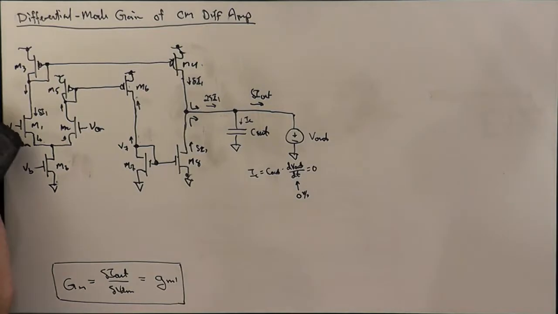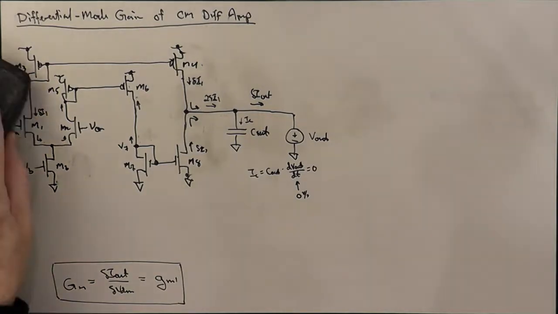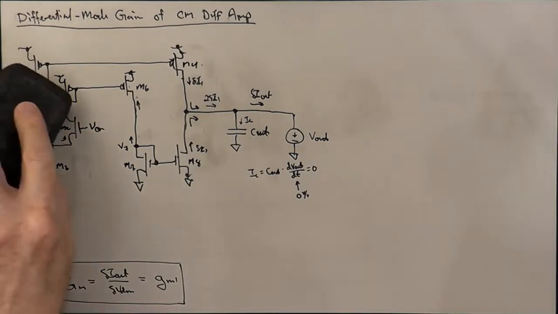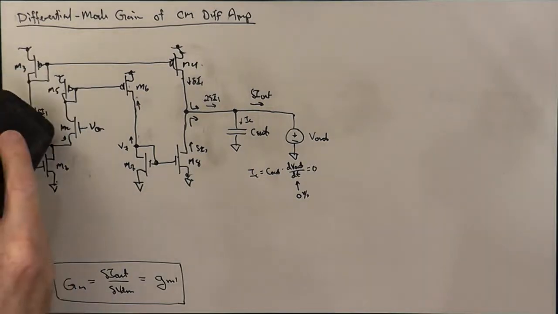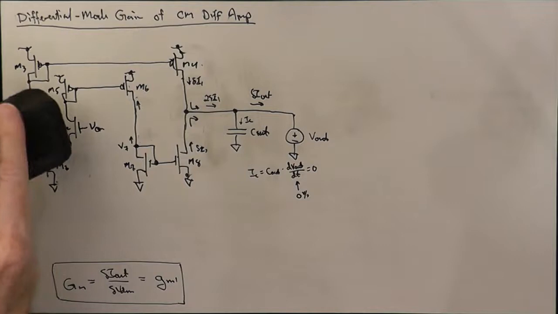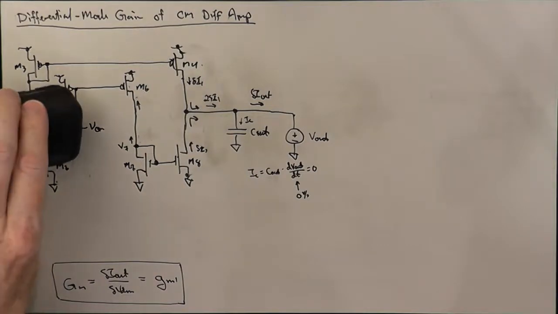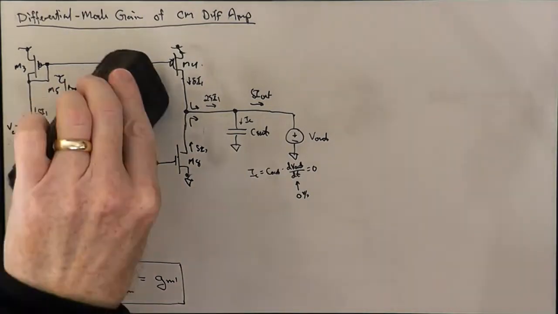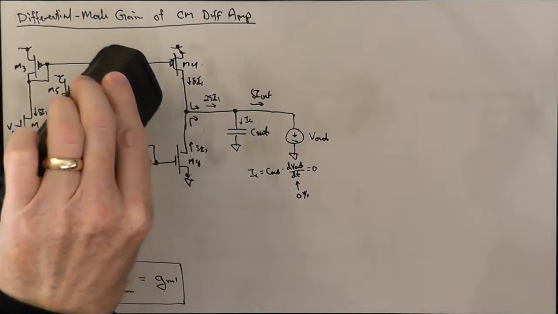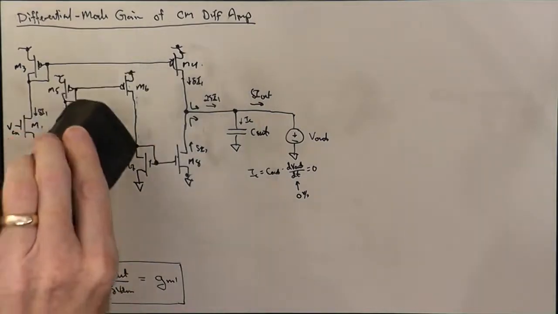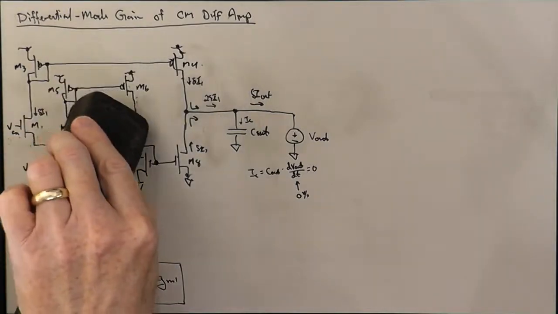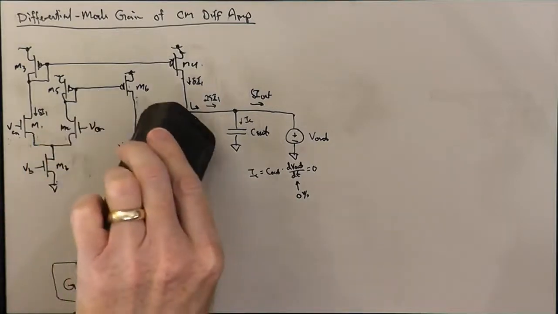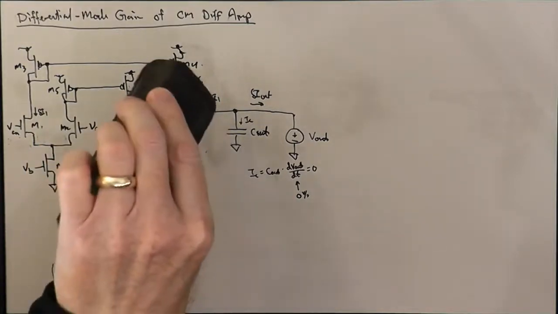And so now we have to go back and ask, how about the output, the R out, or more generally, the Z out, the output impedance of the circuit. Take away our current increments.